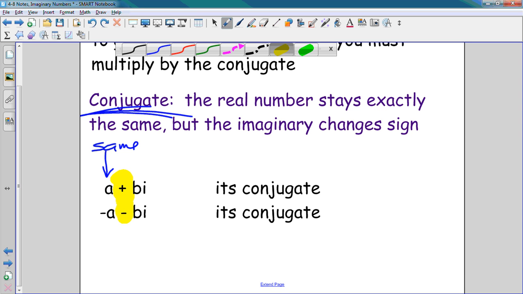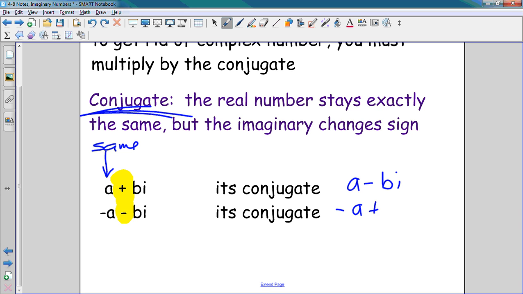Your imaginary number sign is opposite. It changes sign. So the conjugate of a plus bi is just a minus bi. The only thing that changes is this middle sign. Everything else stays the same. That's called a conjugate. The imaginary number changes sign.